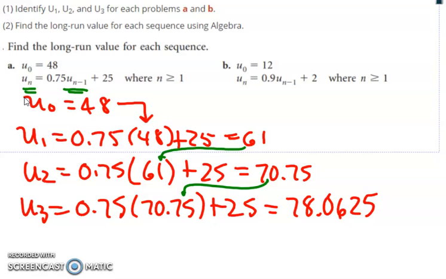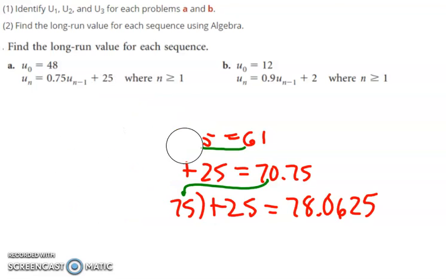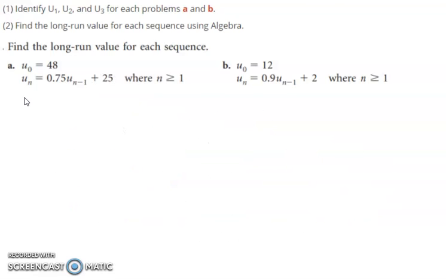So for the long run value for A, it was taught about in the graspable math activity.